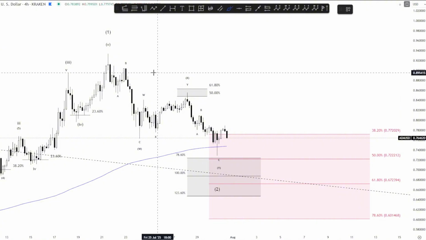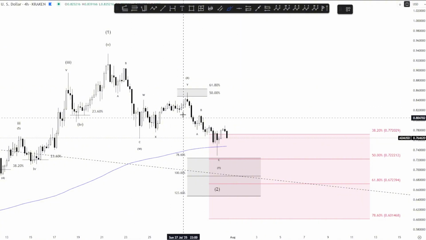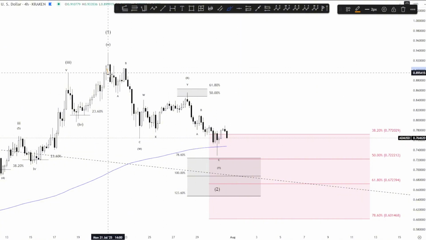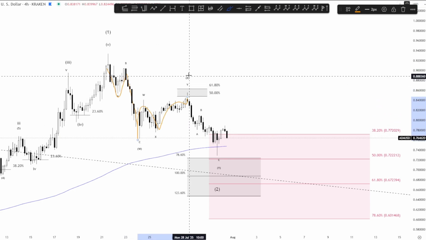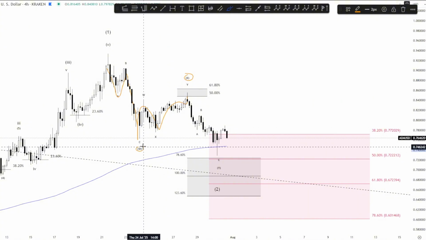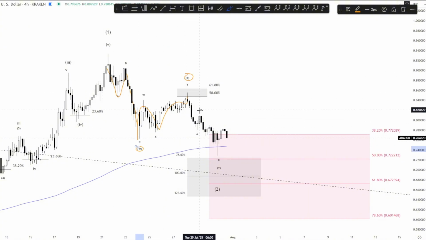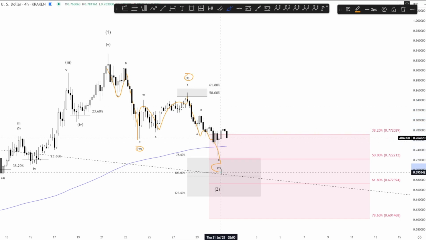So first of all, this is very corrective, right? You have lots of overlap here. You have an ABC here. You have a complex structure to the upside in X. The correction within the correction, and now I think this should be the final part of the correction in W. So this looks like a complex correction.